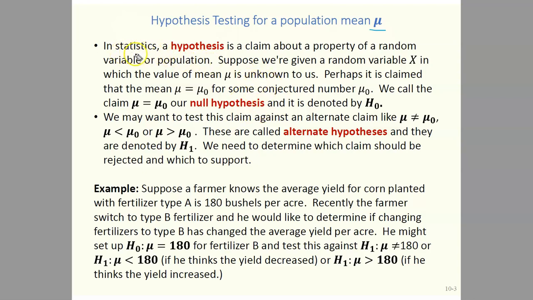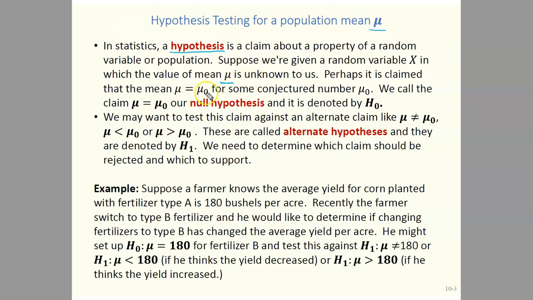So note that in statistics a hypothesis is a claim about a property of a random variable or population. For example, suppose we're given a random variable x in which the value of the mean, mu, is unknown to us.